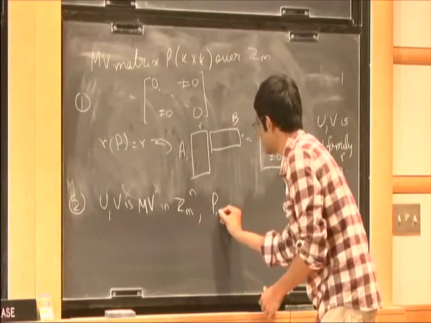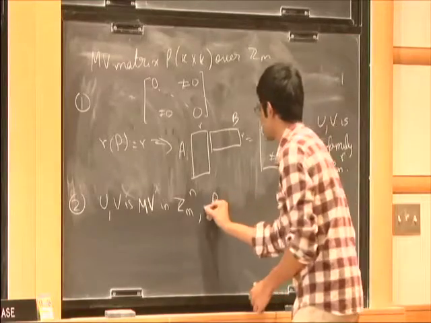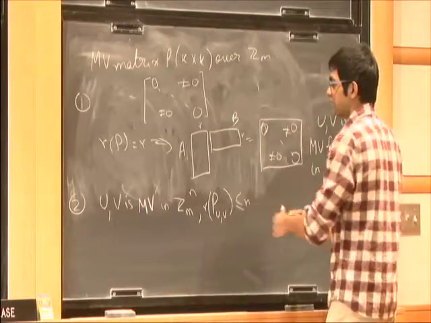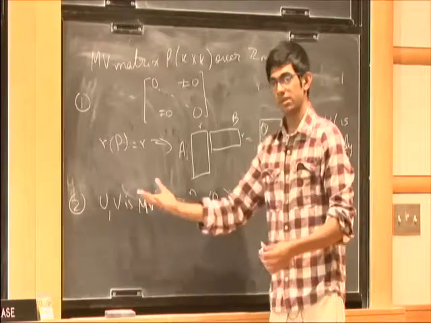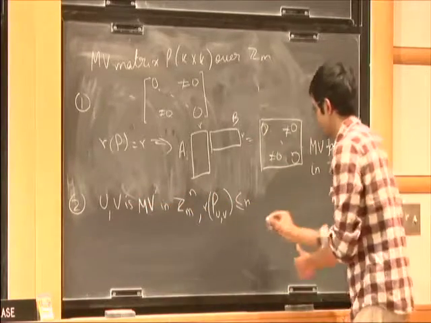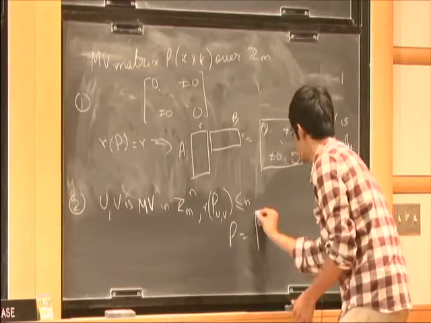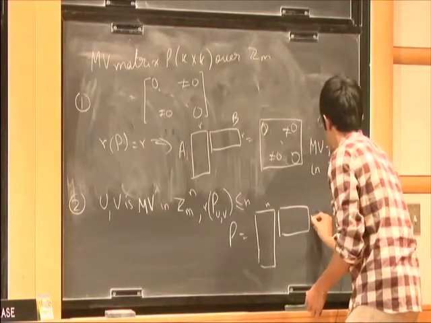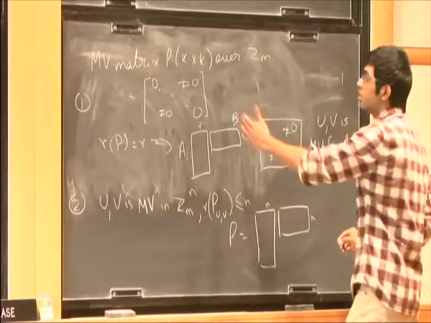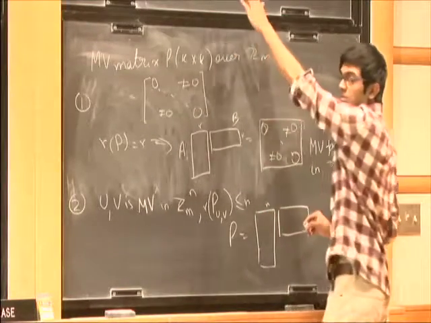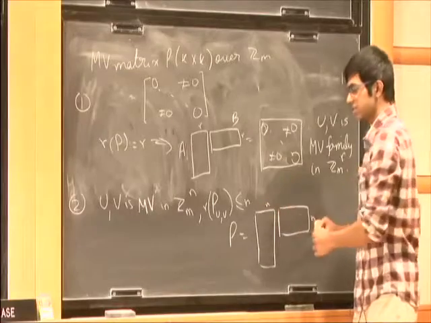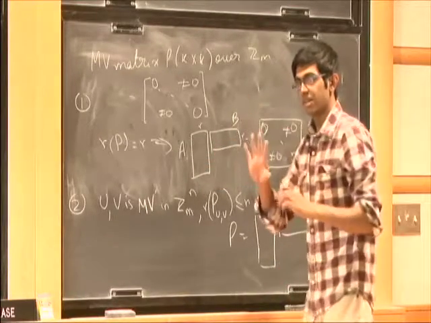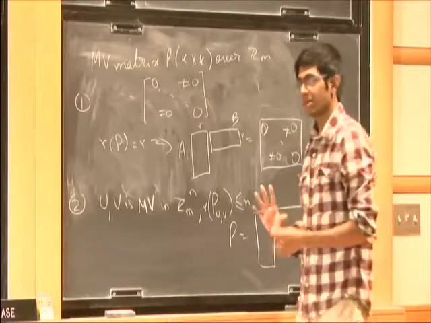P defined by U, V has one candidate decomposition as U times V, but the definition of rank says the minimum such, so the rank is at most n. So you can think of n as, in some sense, the rank of the corresponding inner product matrix.